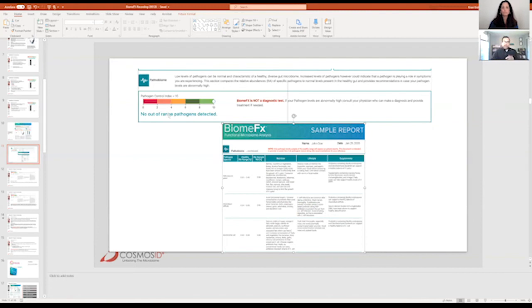These approved devices have to go through a whole bunch of FDA rigor to be used as a claim for being diagnostic, because the last thing the FDA wants, and the medical profession in general, is misdiagnosis of pathogens, right? And so the only types of processes right now that are approved by the FDA to be a diagnostic are qPCR methodologies and culture methodologies. And these culture and qPCR methodologies have to go through a whole bunch of rigor.